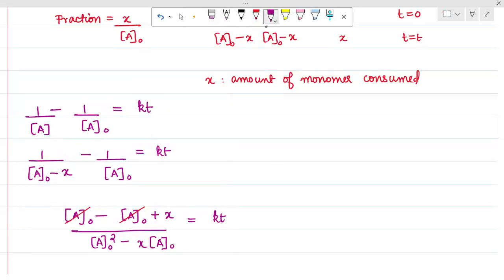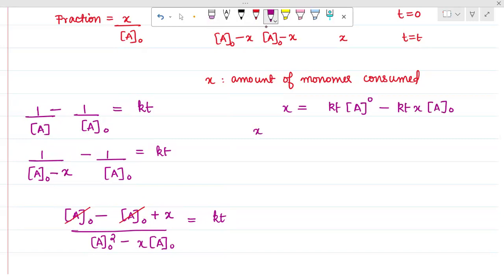And this becomes X is equal to, have to take the product, right? KT A square minus KT X A naught. Now I'll bring the X terms to the one side.